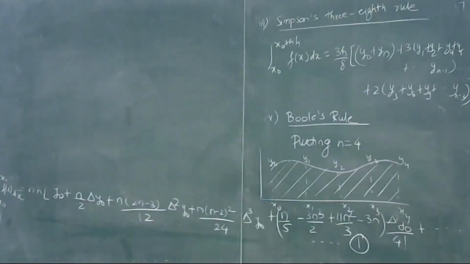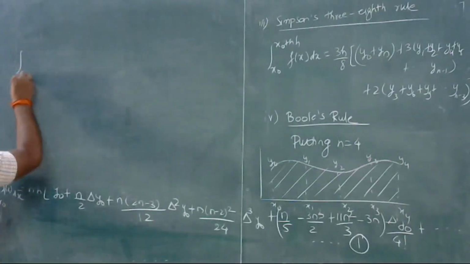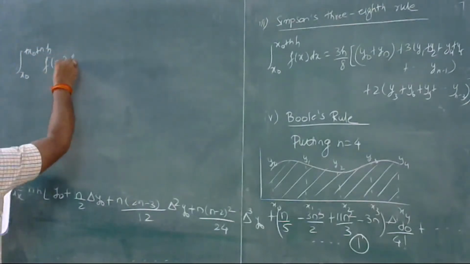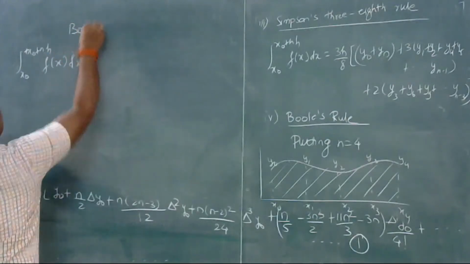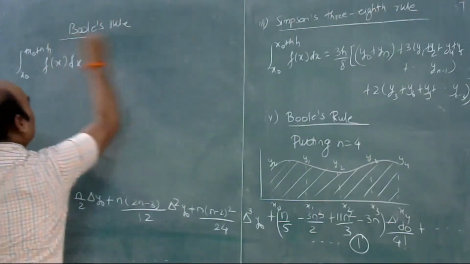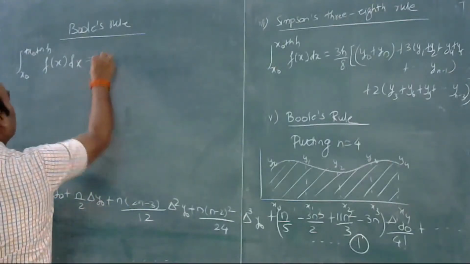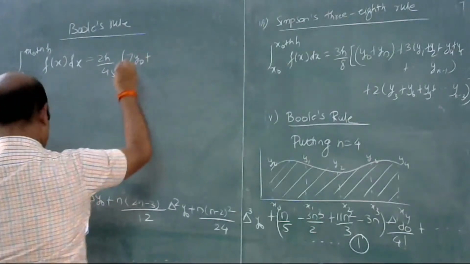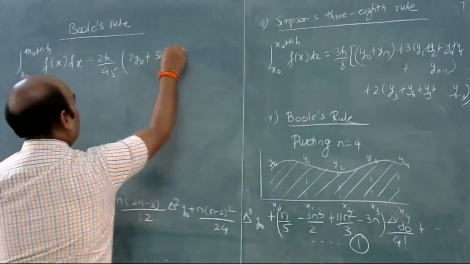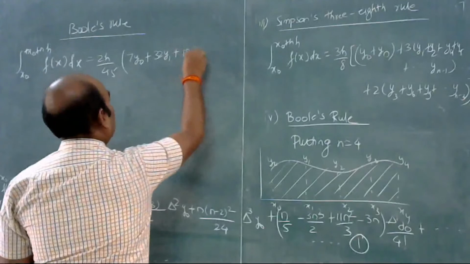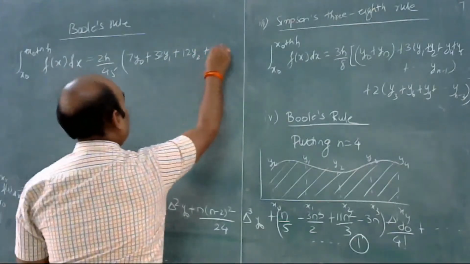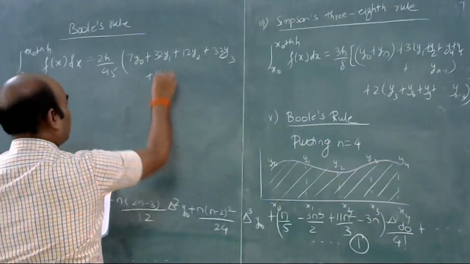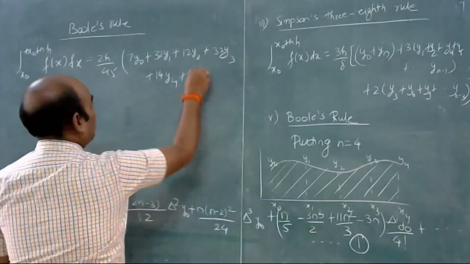So I am writing its formula: the integral from x0 to x0 plus nh of f of x dx, by this method, is equal to 2h upon 45 times 7y0 plus 32y1 plus 12y2 plus 32y3 plus 14y4 plus 32y5.